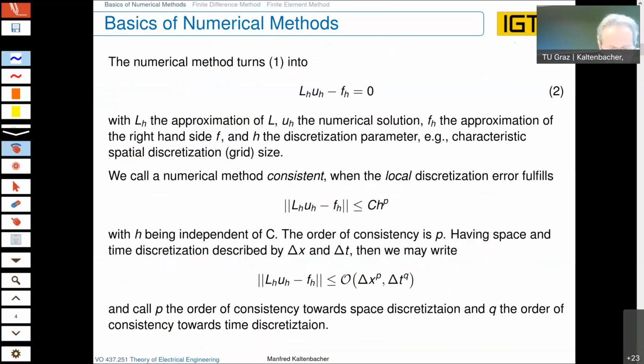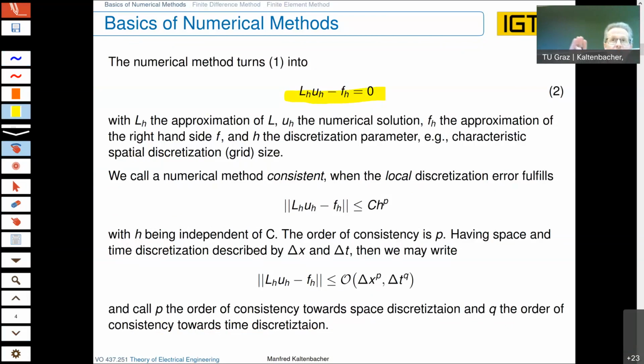Okay, now when we do the discretization, our discretization parameter is h, which means we simply write down our partial differential equation in the same way, but now instead of L, we have L subscript h.